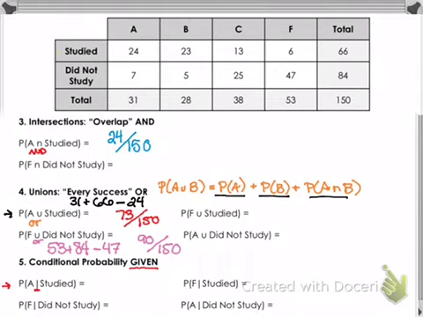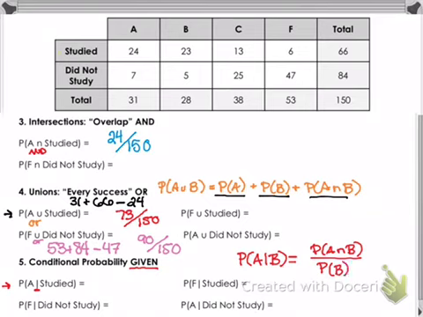This is asking us, do we already know something happened? So what happens here is there is a formula. The probability of A given B is equal to the probability of A and B out of the probability of the thing we already know, which is always listed second, which is B.